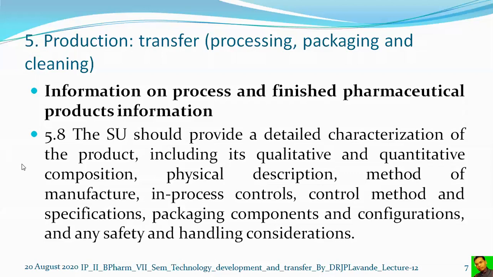The 5.8 guideline explains that the SU, that is the sending unit, should provide a detailed characterization of the product, including its qualitative and quantitative composition, physical description, method of manufacture, in-process controls, control methods and specifications, packaging components and configurations, and any safety and handling considerations.